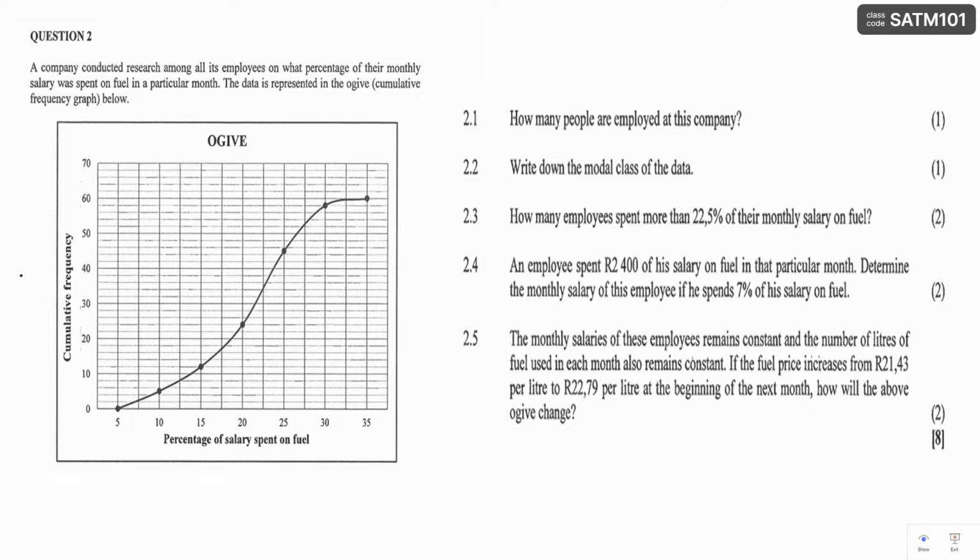To check that, we use this graph and check the maximum point. The maximum point is at 60. So you can conclude, therefore, there are 60 people employed in this company. So 2.1, 60 people are employed in this company.